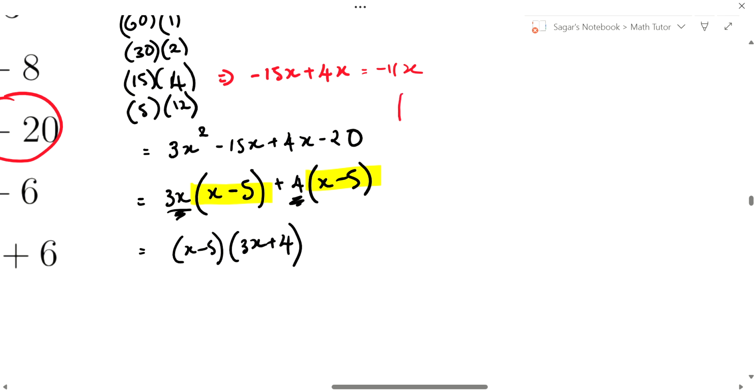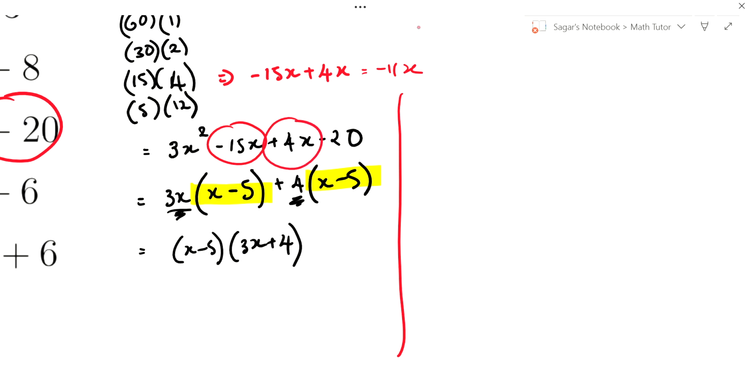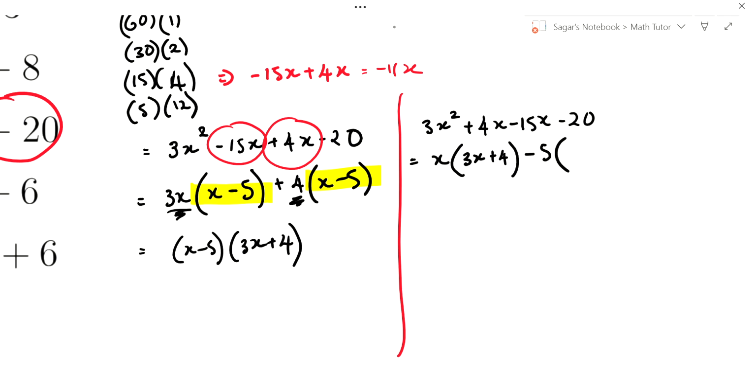Now what if I swapped the minus 15x with the 4x? Would we get the same answer? Let us find out. In the first pair, we see x is common. We're left with 3x plus 4. In the second term, we see minus 5 will be common, and we're left with 3x plus 4.